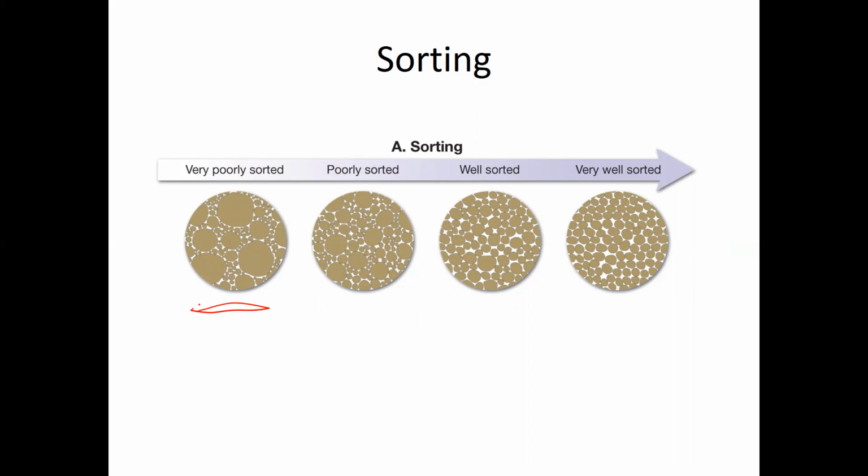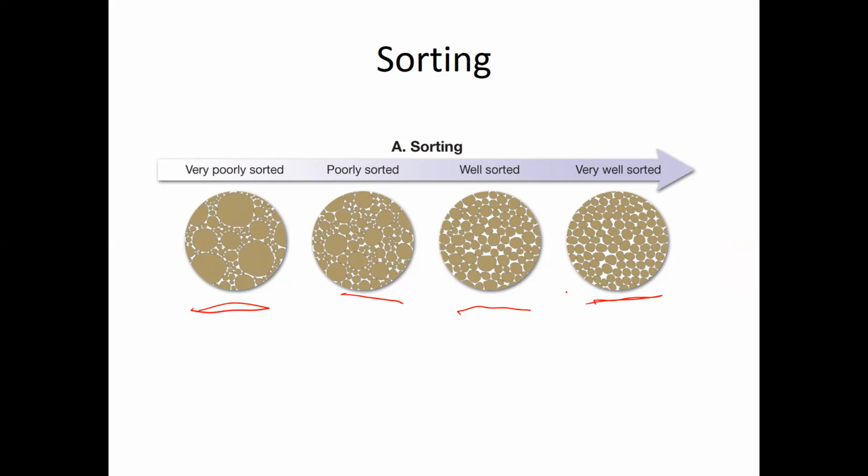Poorly sorted is there's just a little bit more uniformity in the grain size, but they're still pretty varied. Well sorted means that the range of grain size of the sediment is not that significant. Most grains of sediment are within a small range. And then very well sorted sediment, almost all the grains of sediment are the same size.